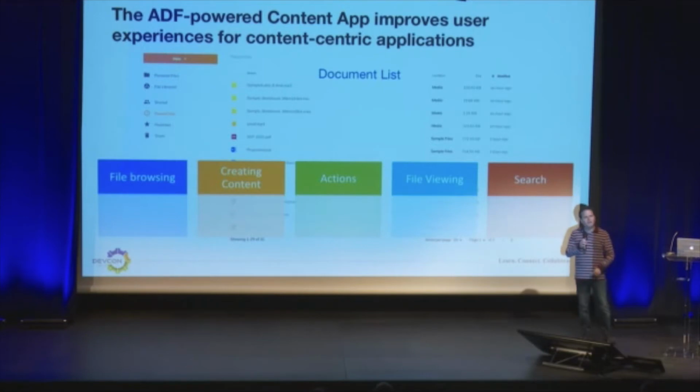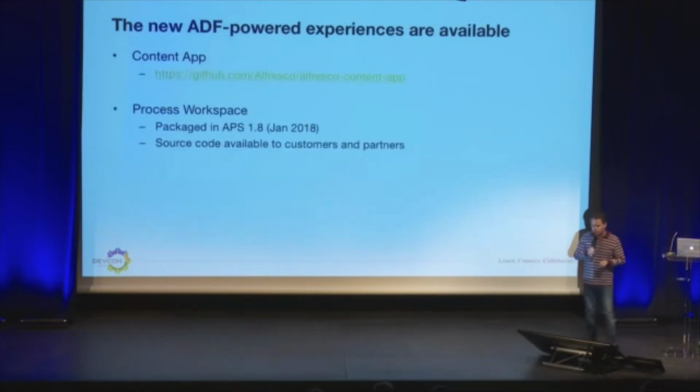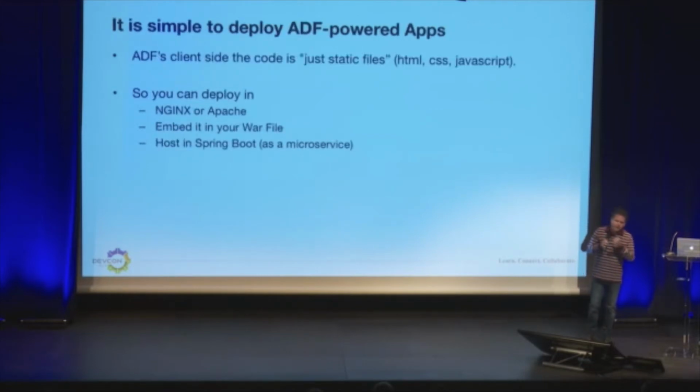In addition to that, we have the Content app, which I think many have had a chance to look at, that also provides some of the best practices and really good guidance around a fully blown application that can be done. Of course, the Content app is available on GitHub right now. And the Process Workspace will be available in Alfresco Process Services 1.8, and the source code is available to customers and Alfresco partners.